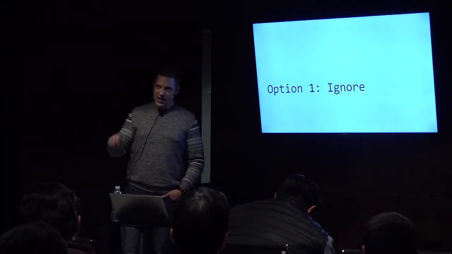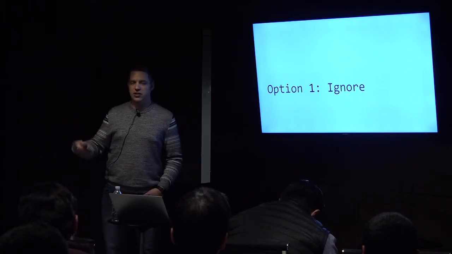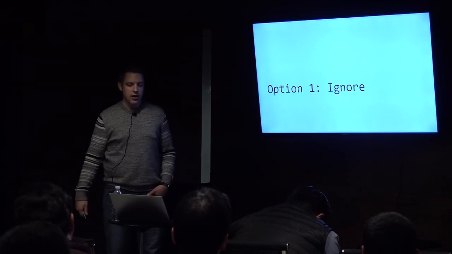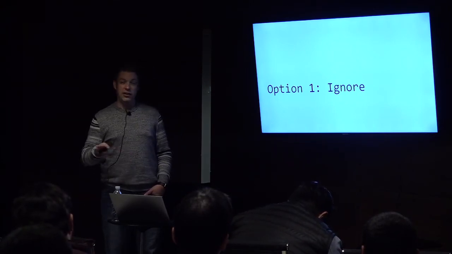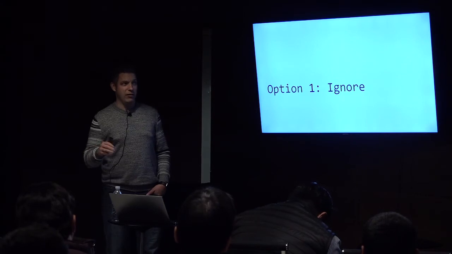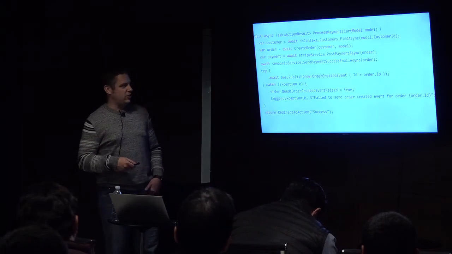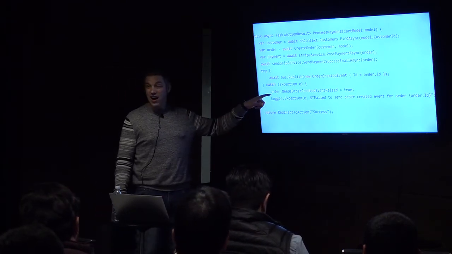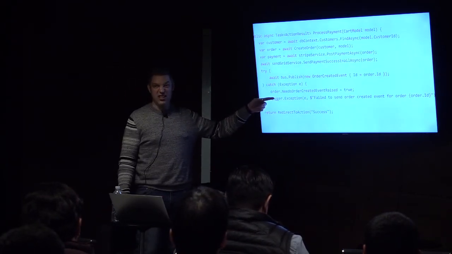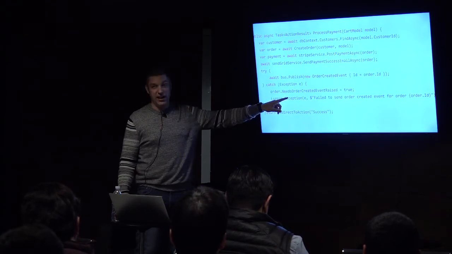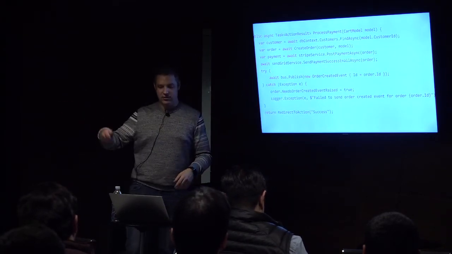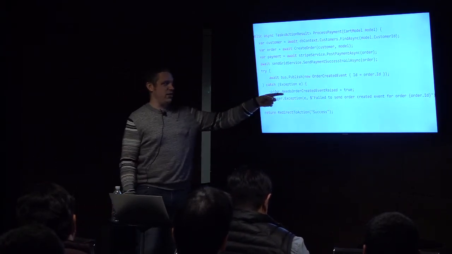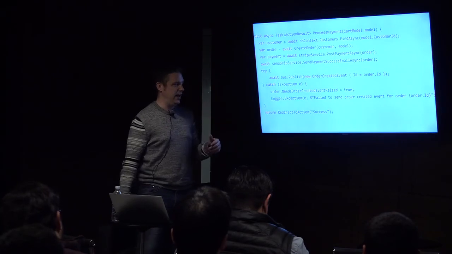Now, with the email, when we ignored it, we just didn't do anything. We just said, completely try, catch, who cares? With this one, we don't want to just completely ignore that failure. Maybe we have a recovery process. So in this case, instead of just completely ignoring the failure, what I can do is set a flag on the order to say, hey, this failed to send, so that some process, maybe a nightly batch job, looks for orders that need that message to be sent, and they'll go ahead and send it out the door.